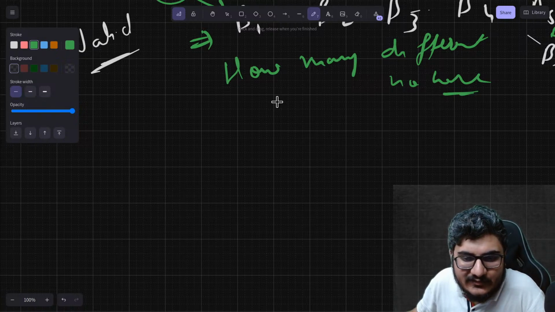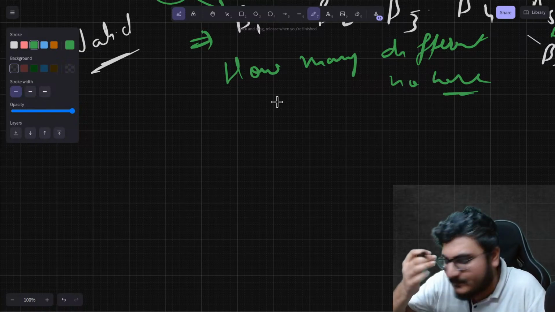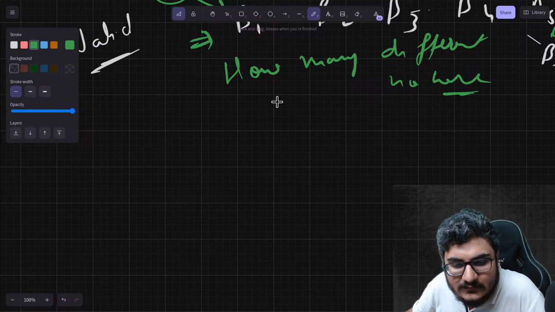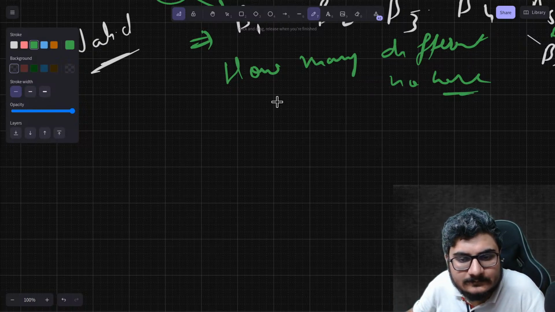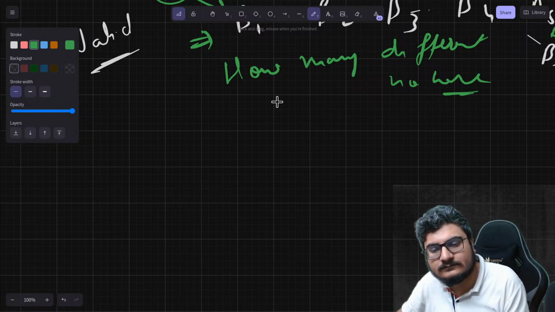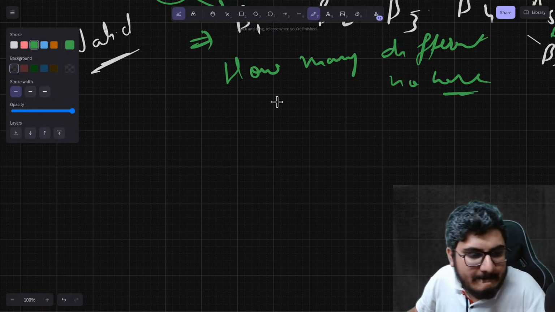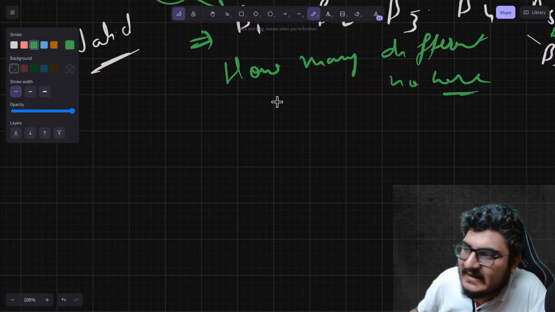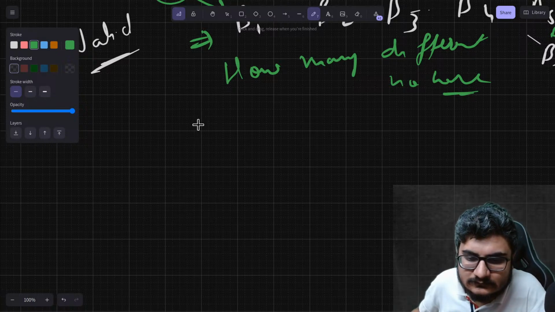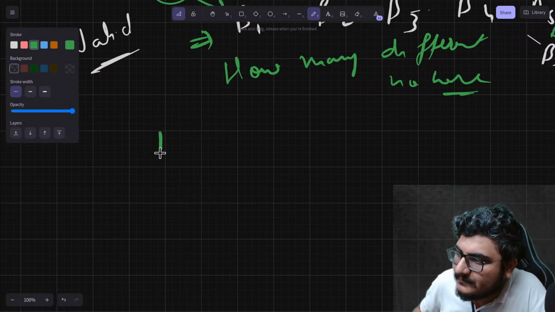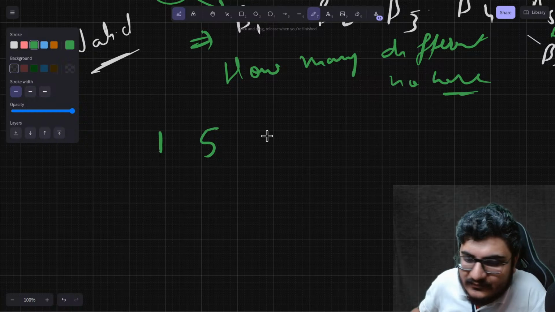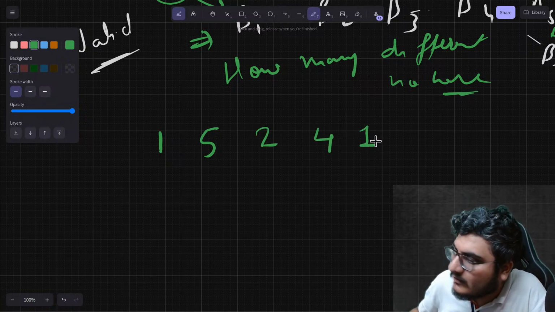Can you give me an array of length 7 or 8, any random array? Okay, 1, 5, 2, 4, 1, 4, 6, 4.